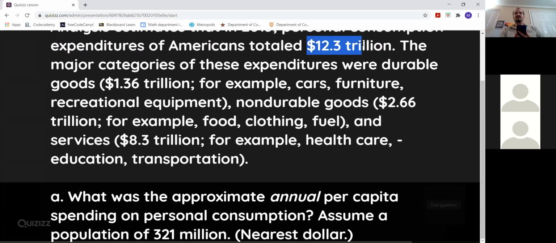So I believe what I'm doing is I'm looking at the 12.3 trillion and the 321 million. I want to know how much per household that thing is.